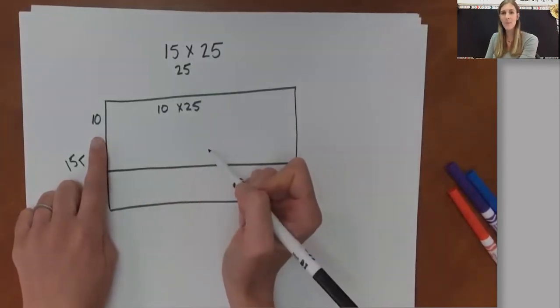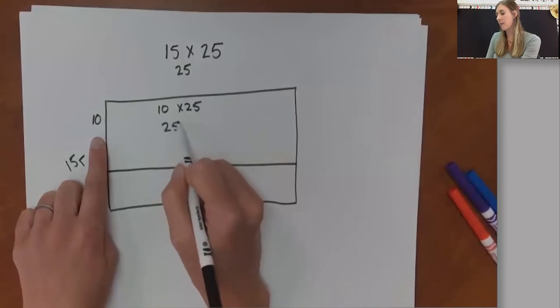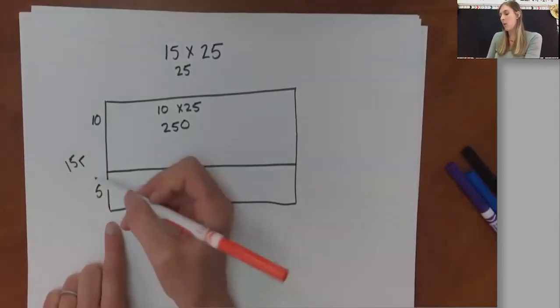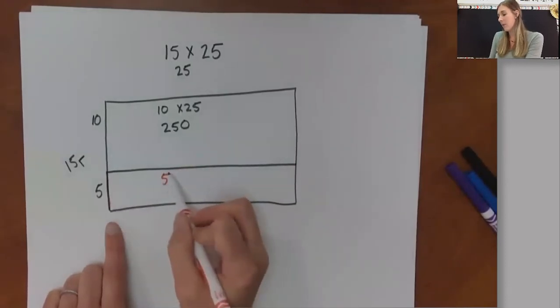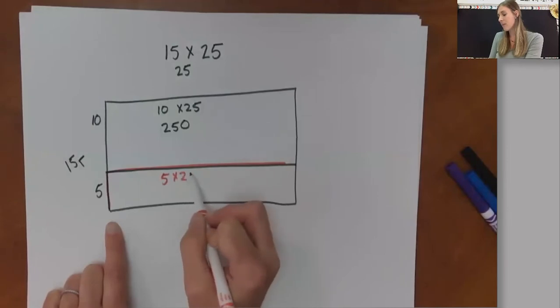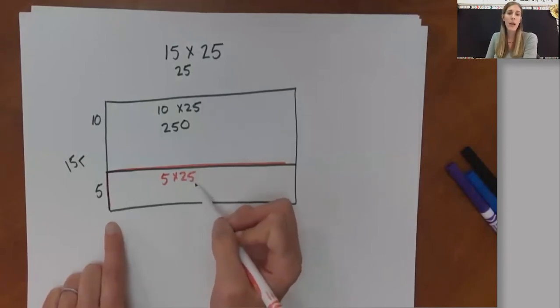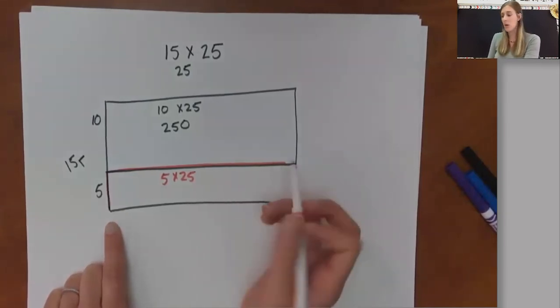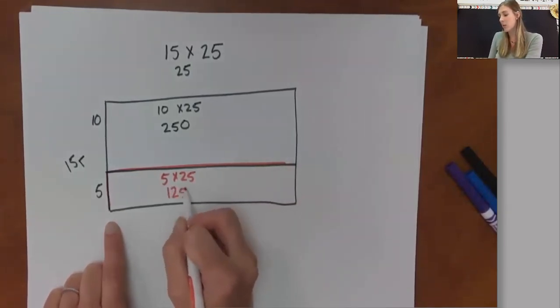What is that? Correct, 250. And then for our bottom section, we have our length times our width, which is 25. And because we're familiar with money, we know 4 times 25 is 100, and one more group of 25 is going to bring us to 125.